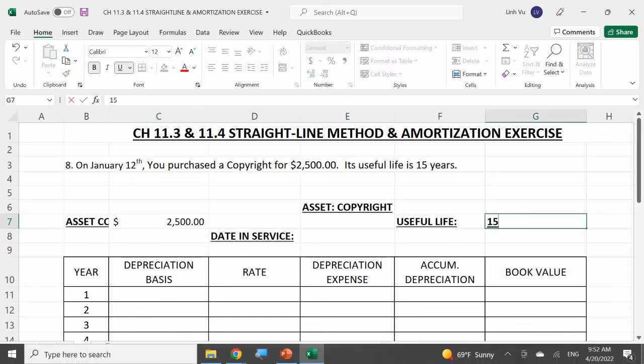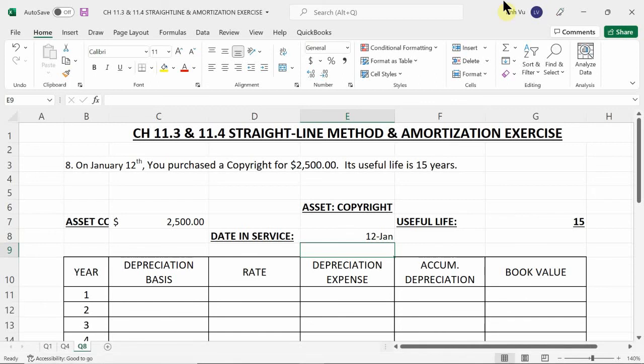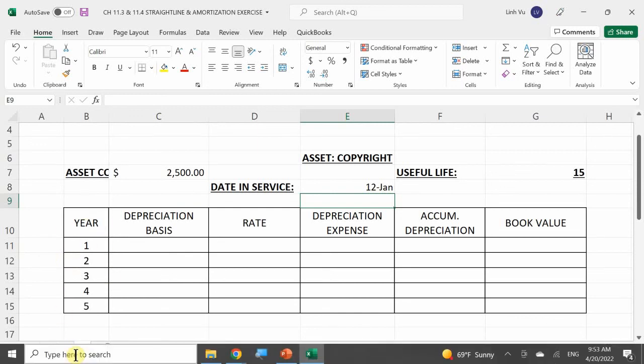When did I place it into service? January 12th. So we will start from January because it's not 50%. Correct. It's more than 50%. So in this case, I am going to amortize it at the end of the year.